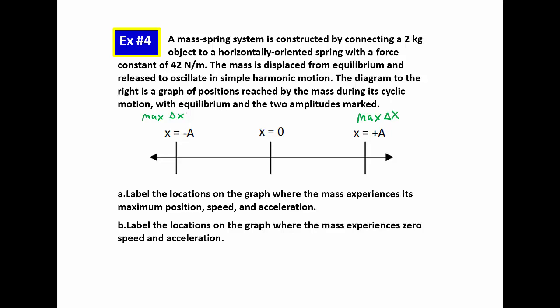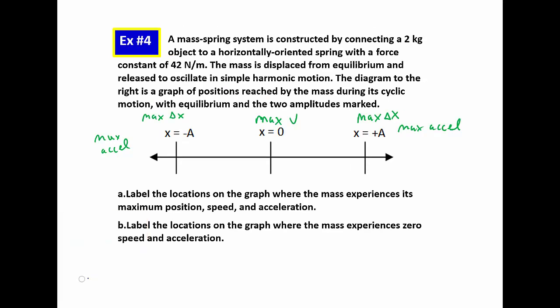Looking at the velocity values, we said that it was moving the fastest in the center. So we have our maximum velocity there. And it had the maximum acceleration when the spring force was the greatest, and that occurred when it was stretched out the most, at the two ends.